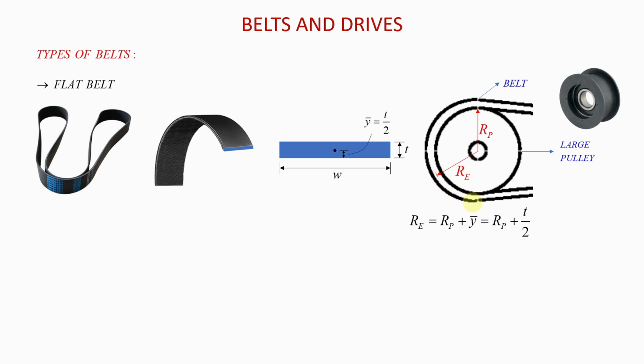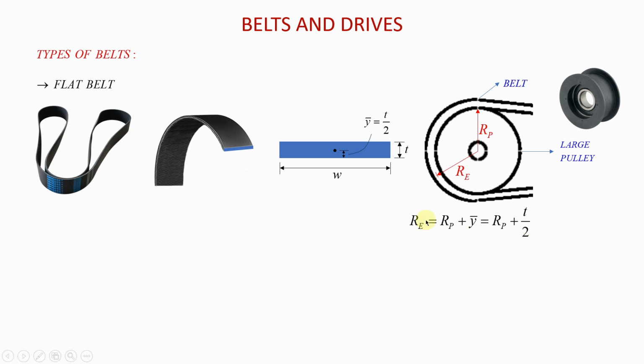So if we measure the effective radius, then that is equal to the radius of the pulley plus y bar. And when you're dealing with a rectangular cross section for the flat belt, y bar is equal to the thickness over 2. So you can pretty much say that the effective radius is equal to the radius of the pulley plus the thickness divided by 2, or if you want, you can say half the thickness.